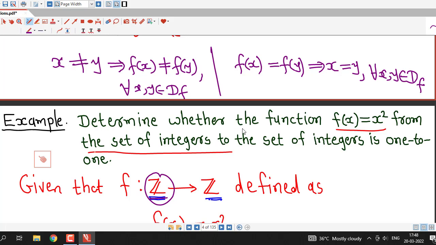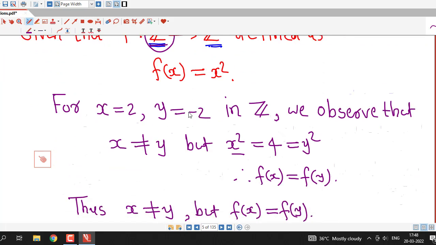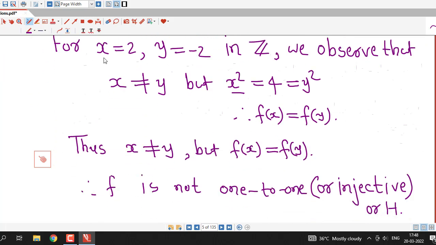But if function is not one-to-one, we have to find out two distinct elements x and y for which f(x) and f(y) are equal, which we have found here. X and y are different, but f(x) and f(y) are equal. Therefore this function is not one-to-one.